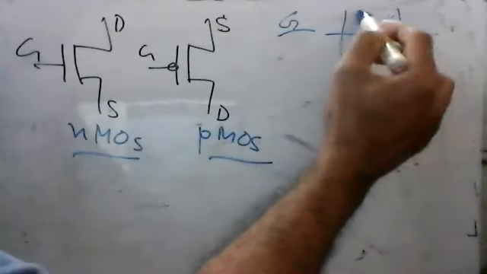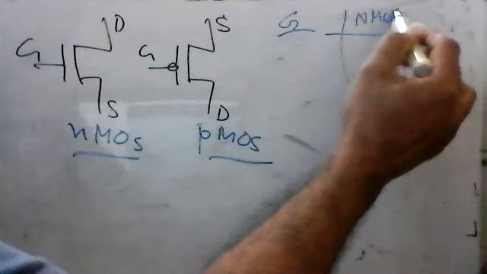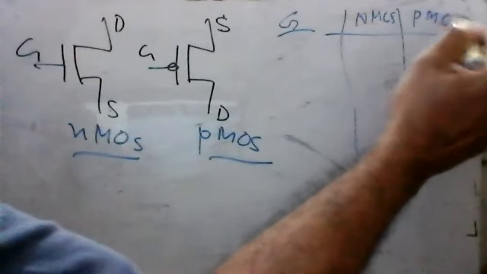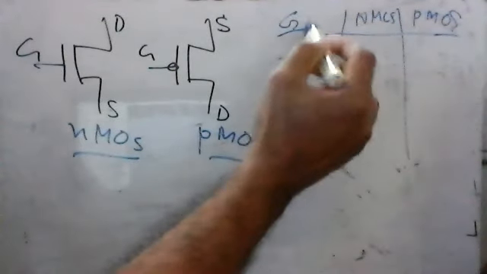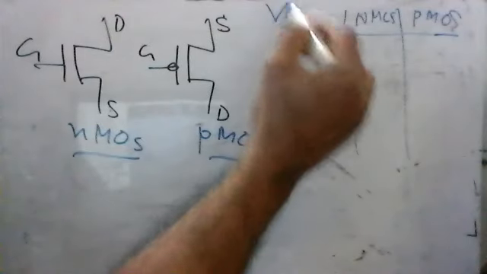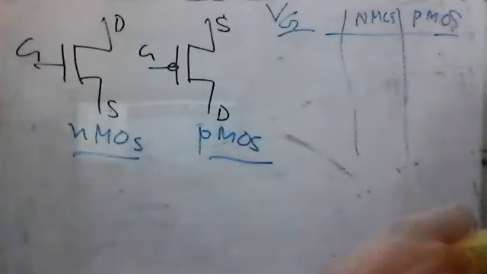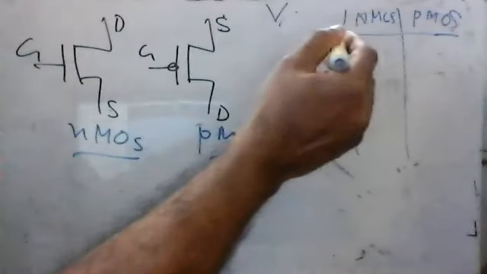NMOS and PMOS. Let's write VZ, VZ is the gate voltage. Gate voltage, NMOS and PMOS.